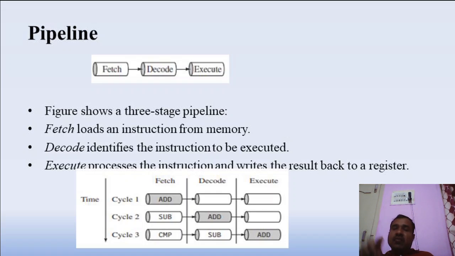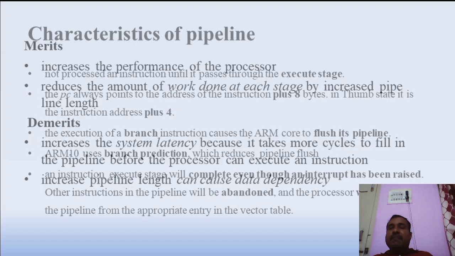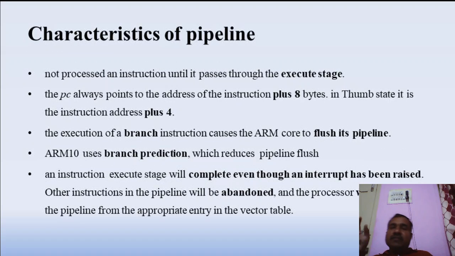Add is being executed, but the PC is pointing at the comparison instruction, with the sub instruction in between. So it is pointing 8 bytes from the instruction being executed. And in the case of Thumb, it is plus 4 bytes, because the instruction width is 16 bit.